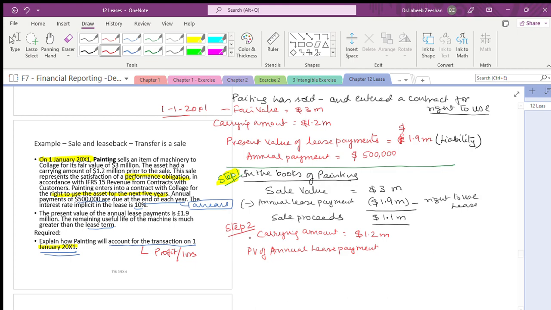Present value of annual lease payments is 1.9 million. What is the sale value? The sale value is 3 million.